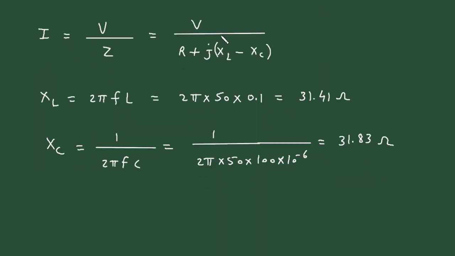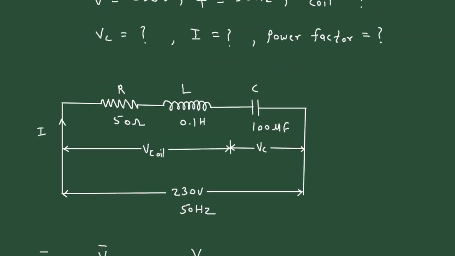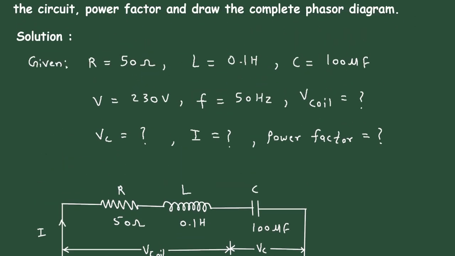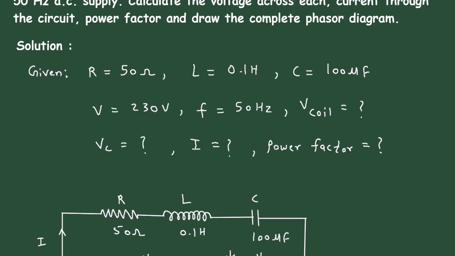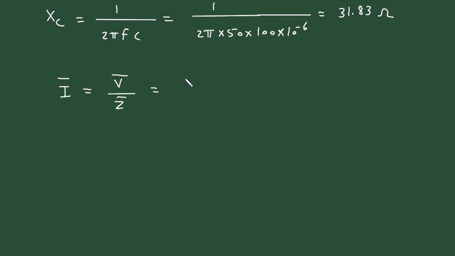Now we can calculate current I. It will be in phasor. So this is also in phasor. So it will be V phasor divided by Z. The value of V phasor is known, it is 230 volt at an angle. Here the angle is not given, so we have to consider 0 degree.